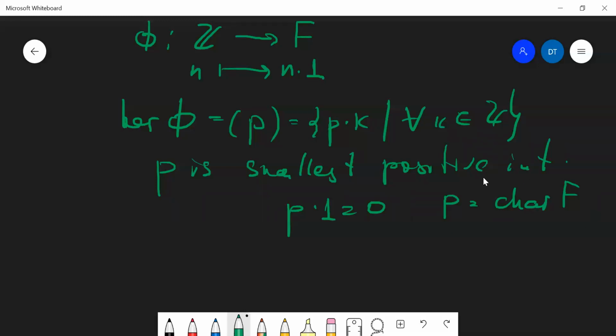So in this case, it coincides with our definition of the zero characteristic. So we want the characteristic to be the generator of the kernel for this specific homomorphism. So if there is no such P that P times 1 equals 0, then we want the characteristic to be 0.